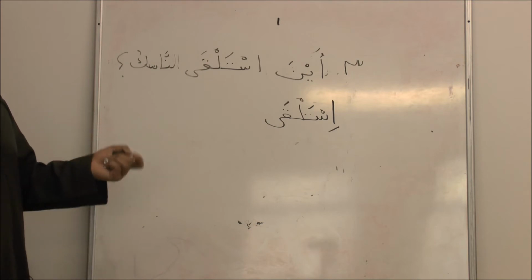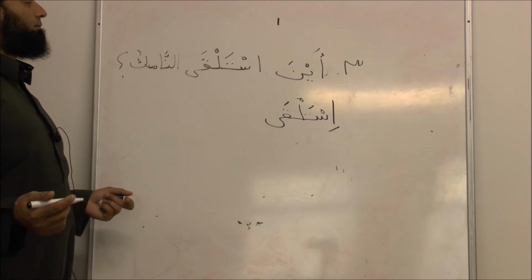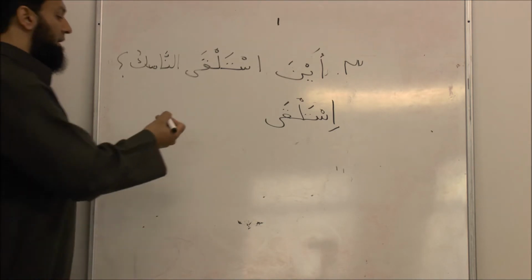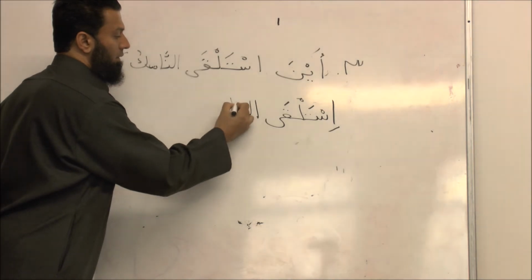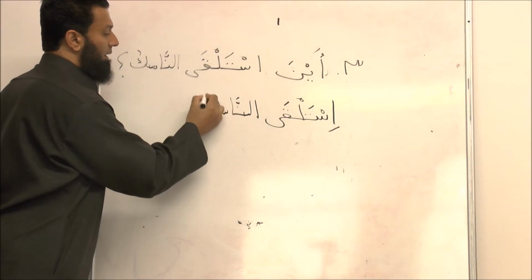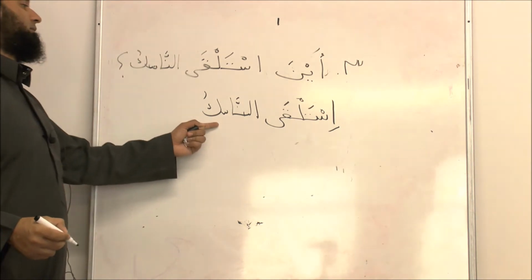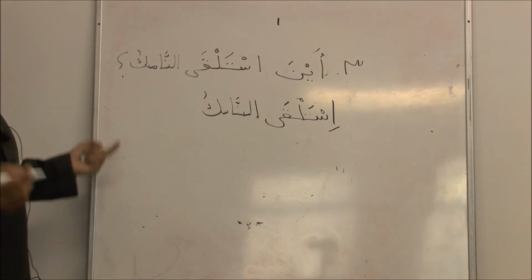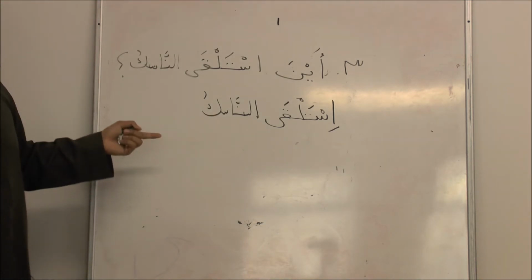It begins with the fi'l. So istalqa and then الناسك. Why الناسك? Because it's the doer and the doer is always مرفوع. استلقى الناسك.